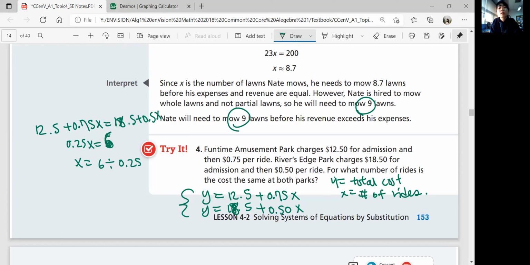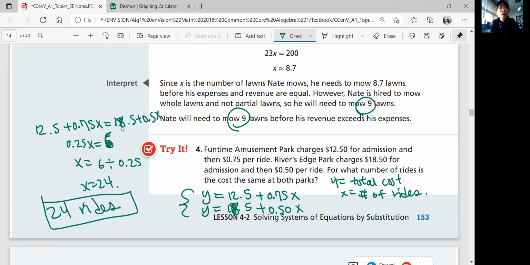How many 0.25s go into 6? How many quarters do you have in 6? 24. Okay, so 24 rides. When you ride 24 rides, you pay the same amount for both amusement parks. So your answer would be 24 rides.